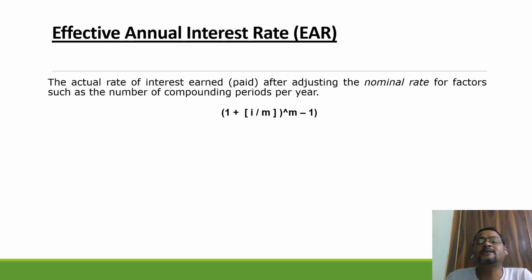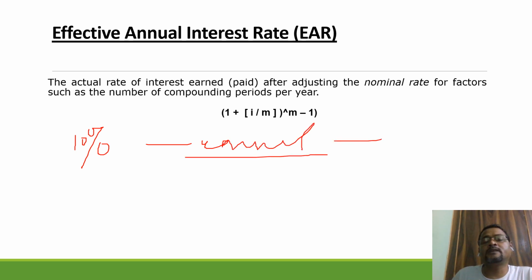Now we are coming to an interesting concept, the effective annual interest rate. The effective annual interest rate is very much concerned with the number of compoundings. Suppose you are given a rate of 10% annual.